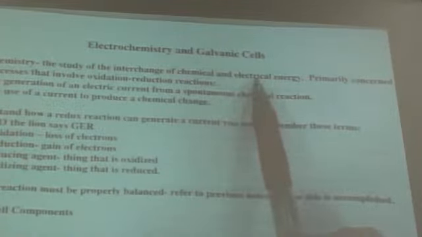There are two processes that we're going to talk about. The first one is the generation of an electric current from a spontaneous chemical reaction, and you know this better as a battery. A battery takes chemical energy from a chemical reaction and transforms it into electrical energy because it moves electrons across a wire.